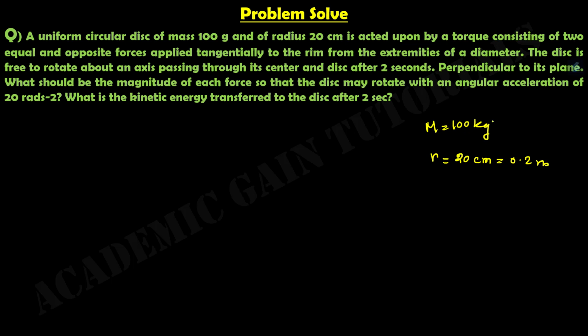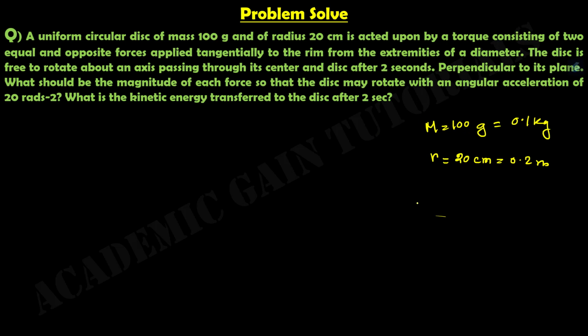Oh, this is not 100 kg, this is 100 gram, which is 0.1 kg. So a uniform circular disc of mass 100 gram and radius 20 centimeter is acted upon by a torque consisting of two equal and opposite forces applied tangentially to the rim at the extremities of a diameter.